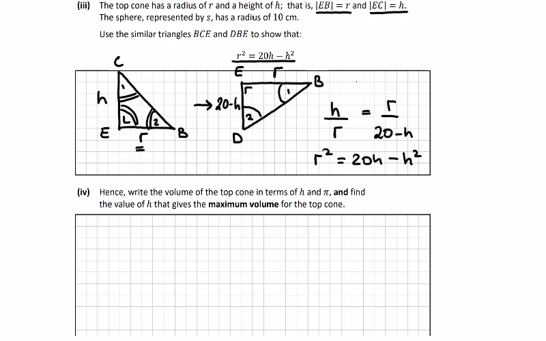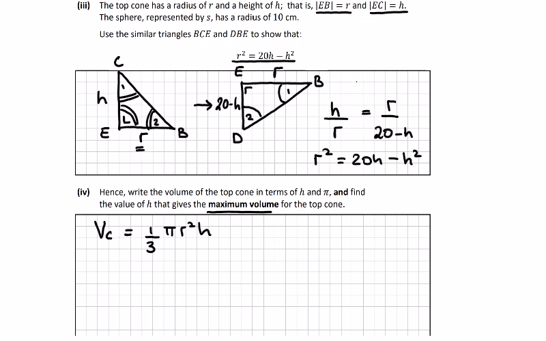And in part 4 we're asked to write the volume of the cone in terms of H and pi, and hence find the value of H that gives max. So we need differentiation here. So let's start with the volume of the cone. The volume of a cone is 1/3 pi r squared H. And we have some information in terms of R and H here.